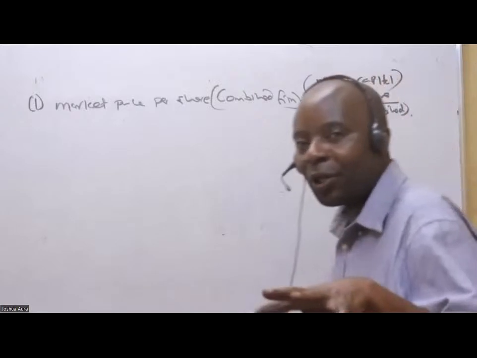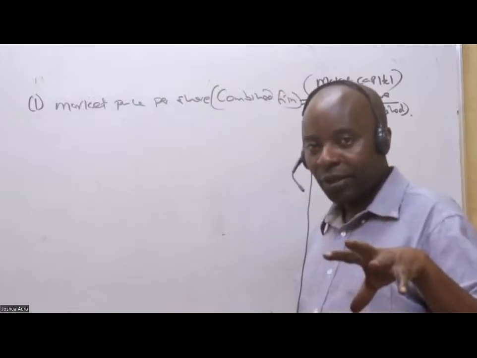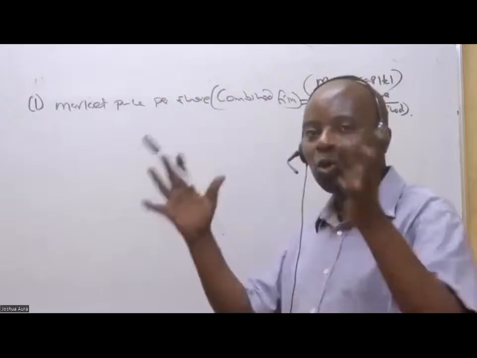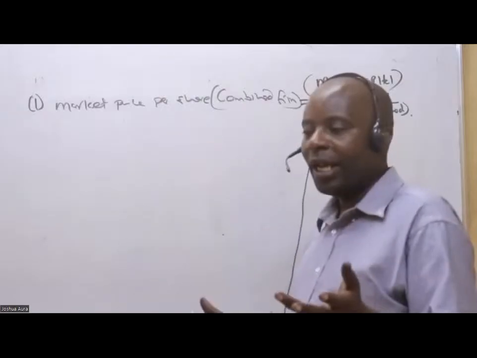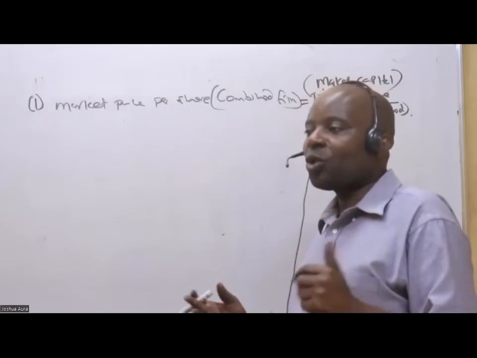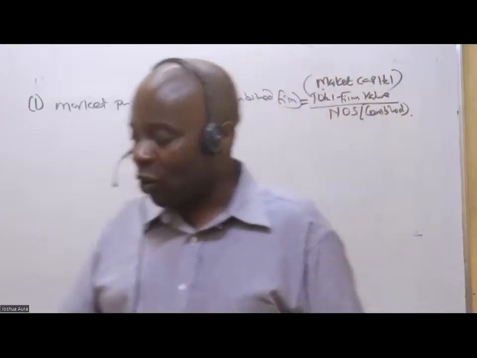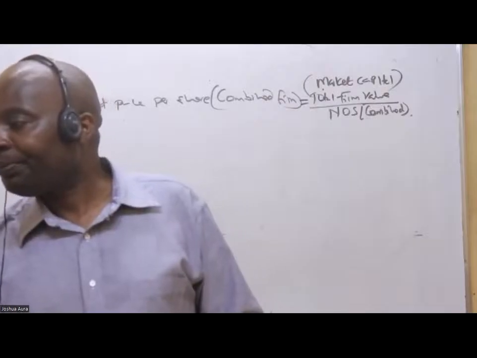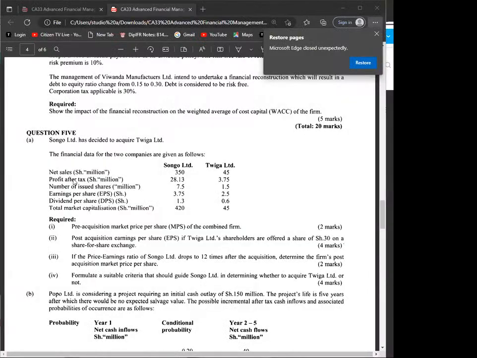So remember, you can't talk of exchange ratio, right? Because it's pre-acquisition. They simply want you to do a theoretical combination. So have they given us the market capital of both firms? Oh, yes. They have given me total market capitalization.